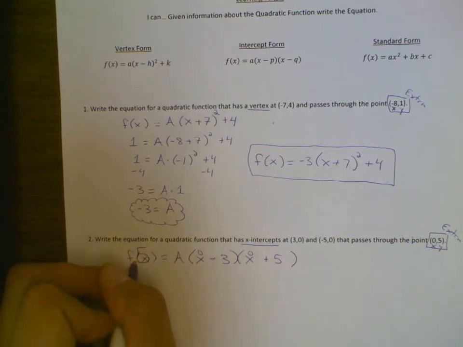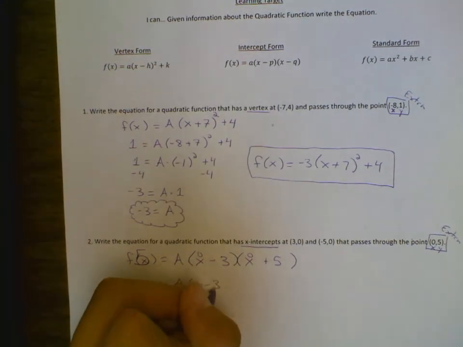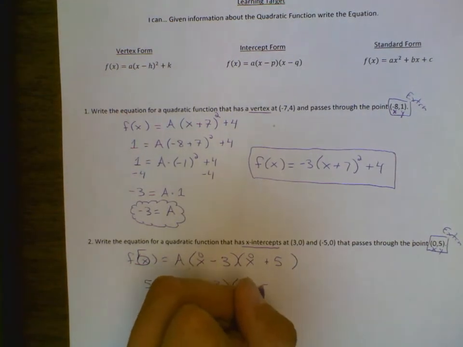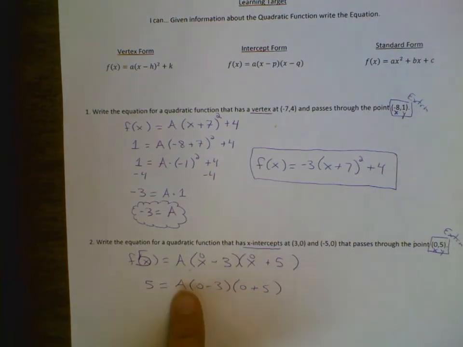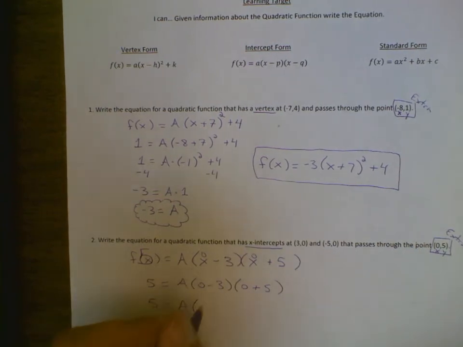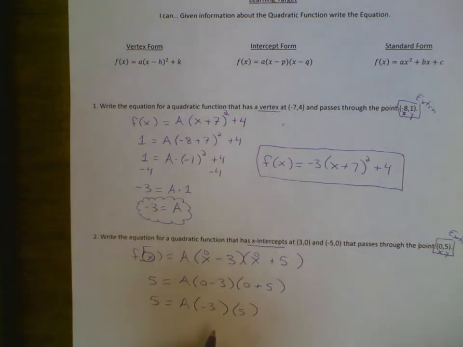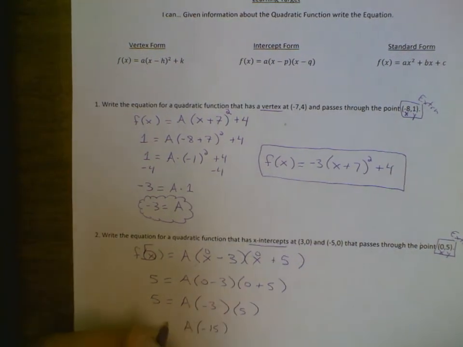So we're going to get 5 equals a times (0 - 3) times (0 + 5). And then we solve this for our stretch. When we simplify this, I get 5 equals a. Well, 0 minus 3 is -3, and 0 plus 5 is 5. -3 times 5 is -15, so 5 equals -15a.